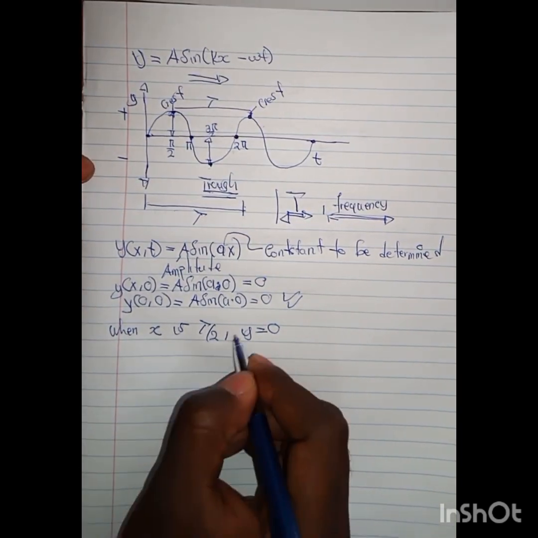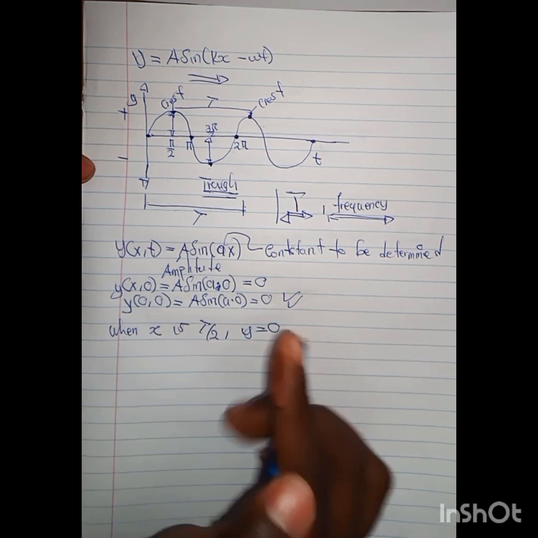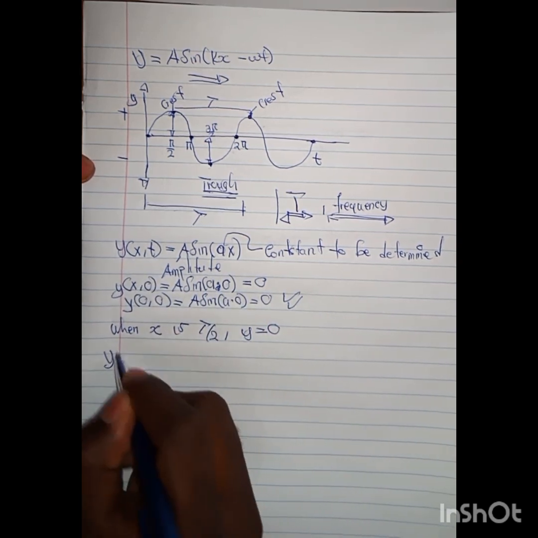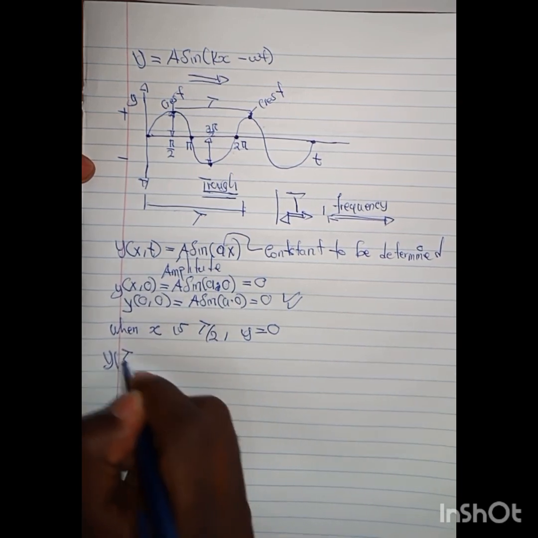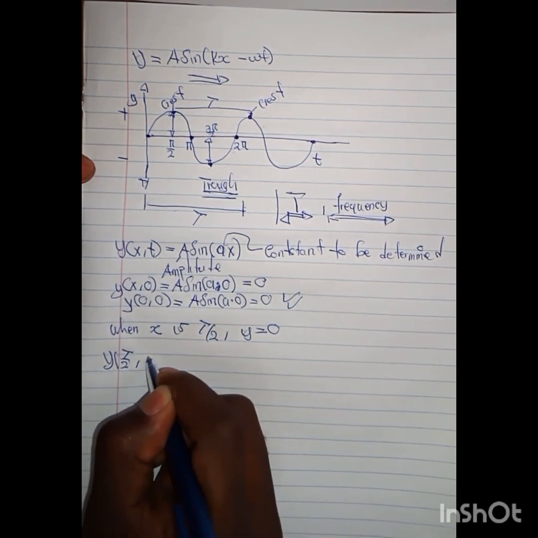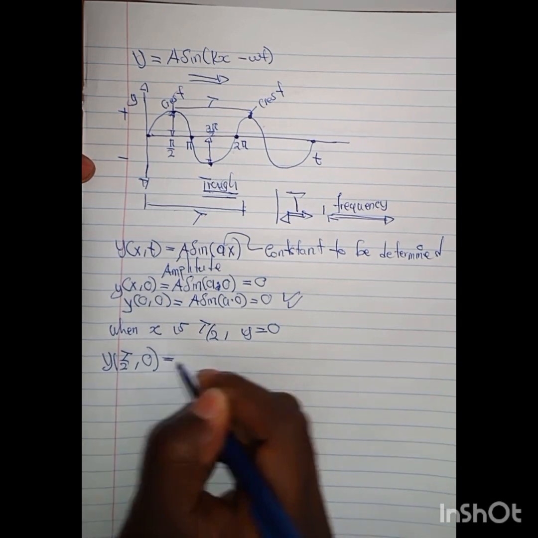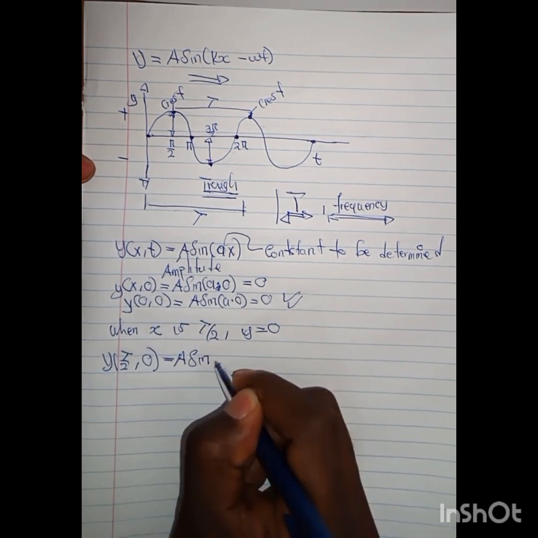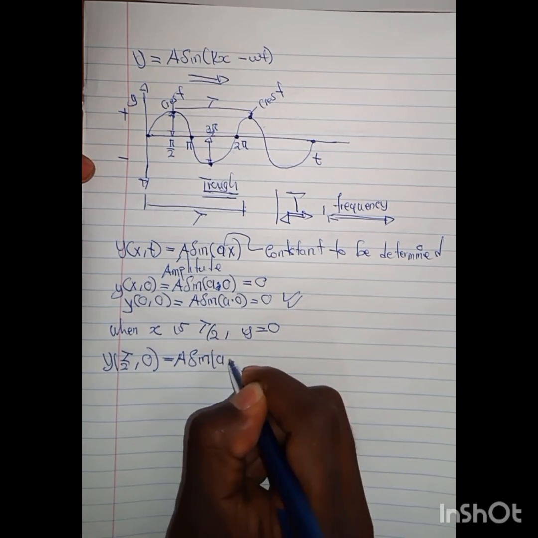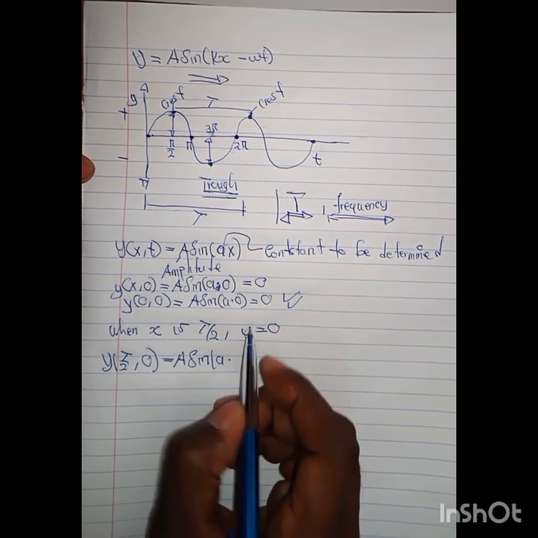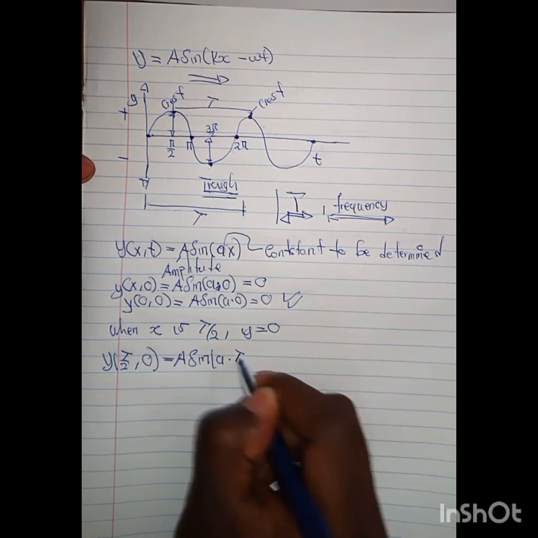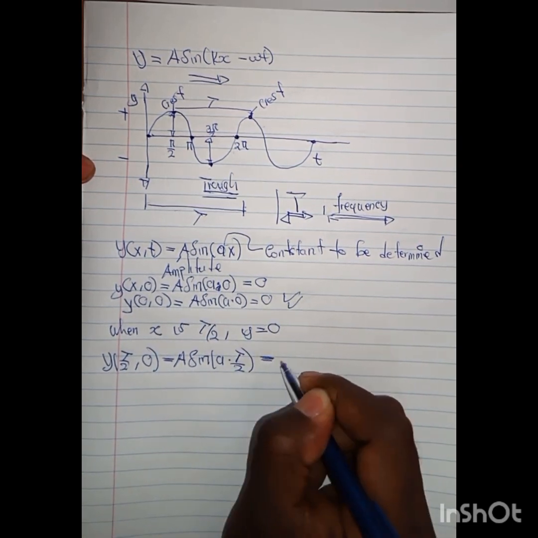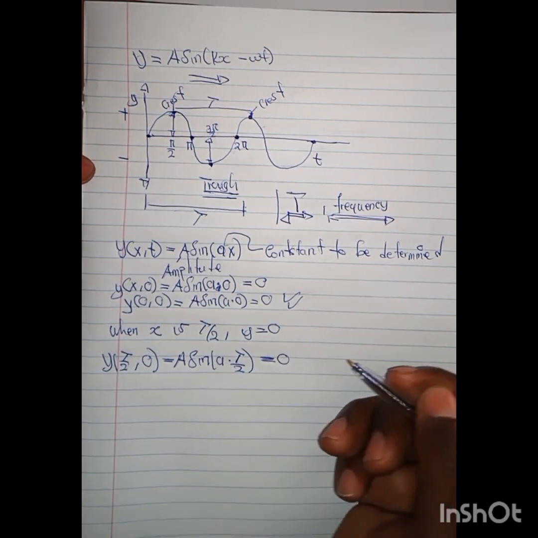So now let us try to fit this information into the equation. We are saying that when x is lambda over 2, the value of y has to be equal to 0. Then we'll have a sine of a, and then this is x. X is lambda over 2, like this. What we have as a total will give us a 0.